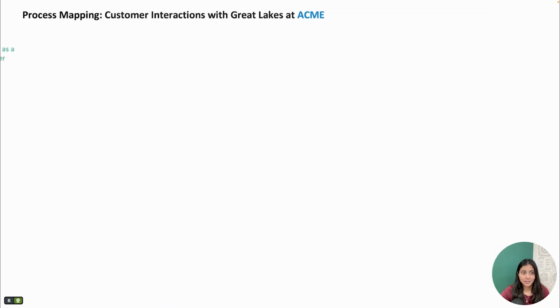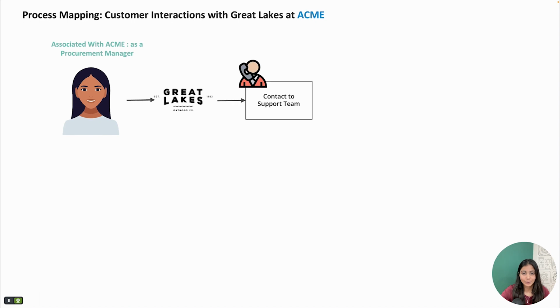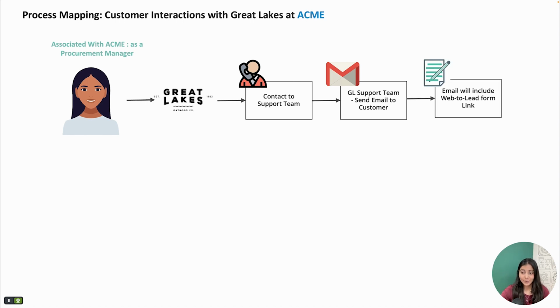Millie is still browsing the Great Lakes website, and there she found the details of the Great Lakes support team. She raised a ticket with them, and the support team also sent her an email which includes a link to a form, where a web-to-lead form is embedded. Millie opens that form and fills it up with all her data.